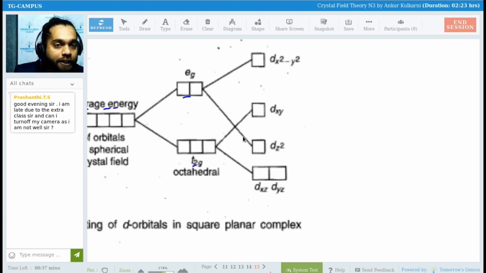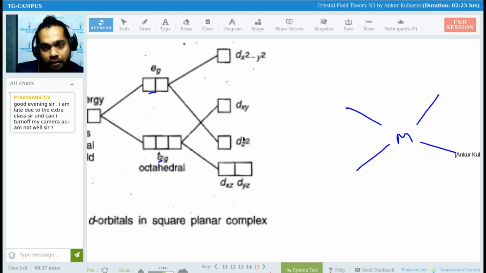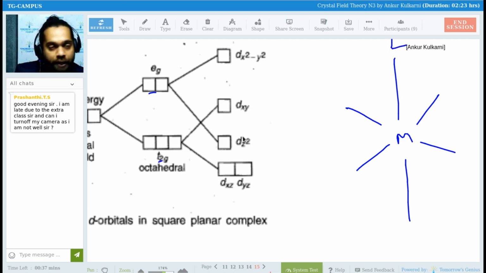Now from octahedral, we are forming a square planar. How does your octahedral look like? Your octahedral looks like this. Why do we call it an octahedral? What is octa?